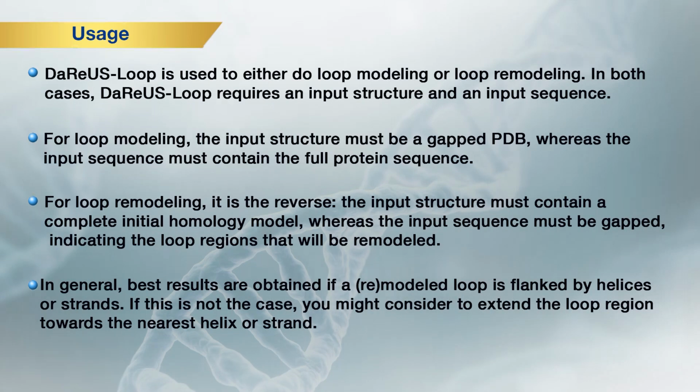In general, the best results are obtained if a remodeled loop is flanked by helices or strands. If this is not the case, you might consider extending loop regions towards the nearest helix or strand.